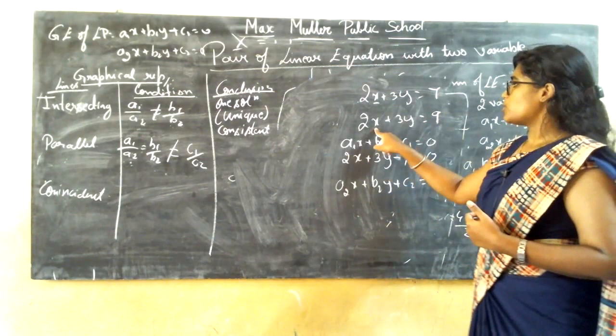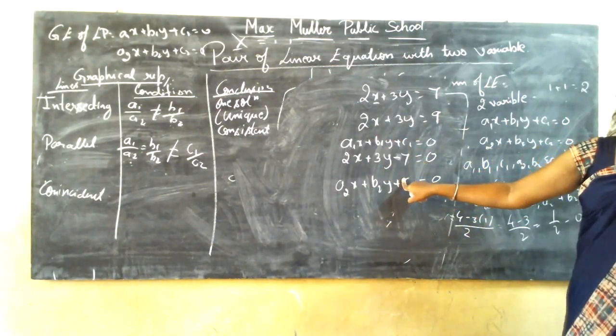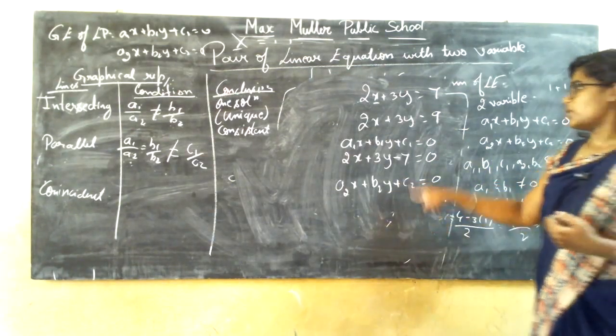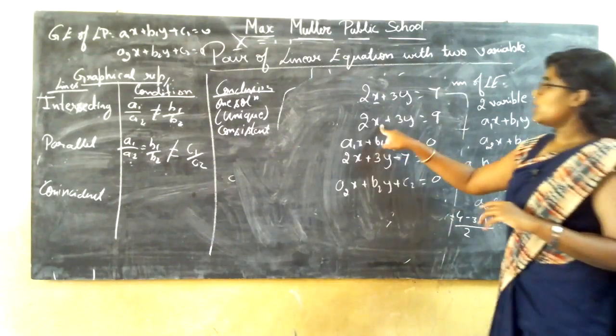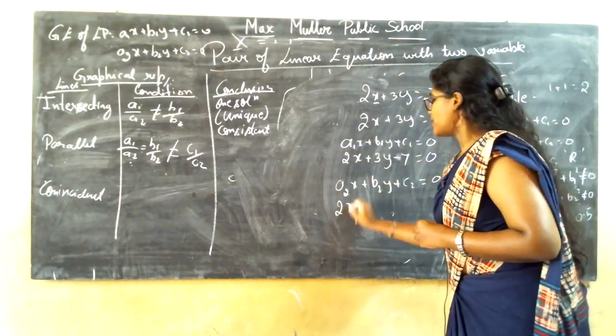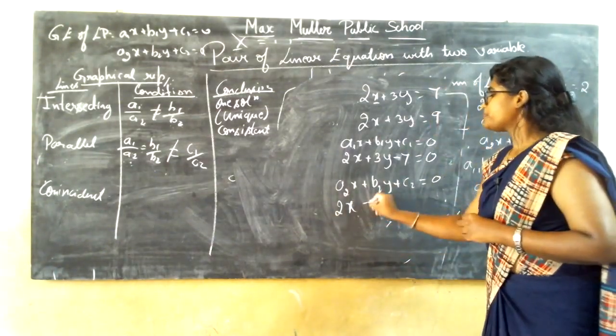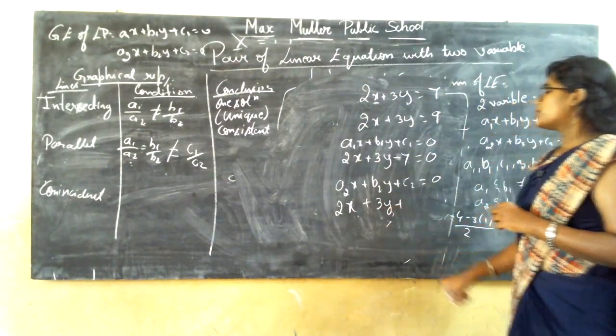For that equation, the same thing, however you have written the first equation, in a similar way you are going to write the second equation. Whatever number is with x, you write in place of a2x. Whatever number is with y, you write in place of b2y.